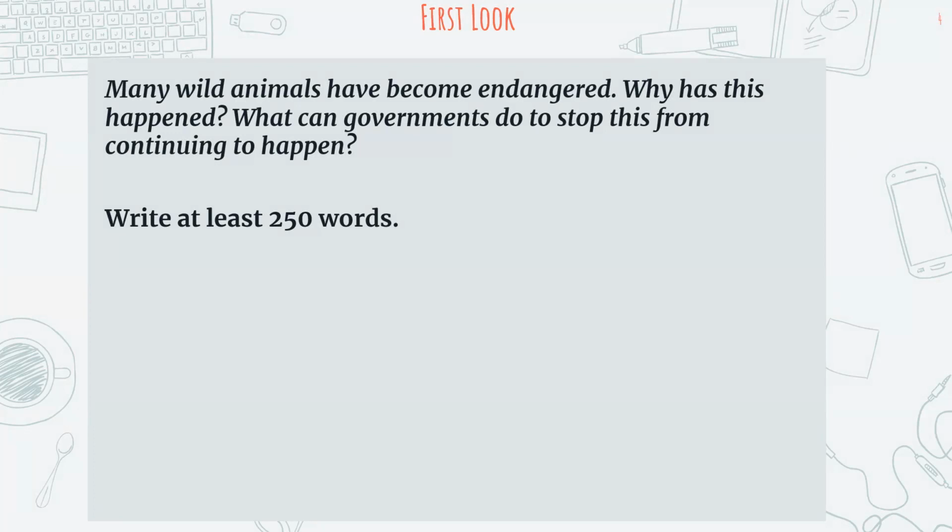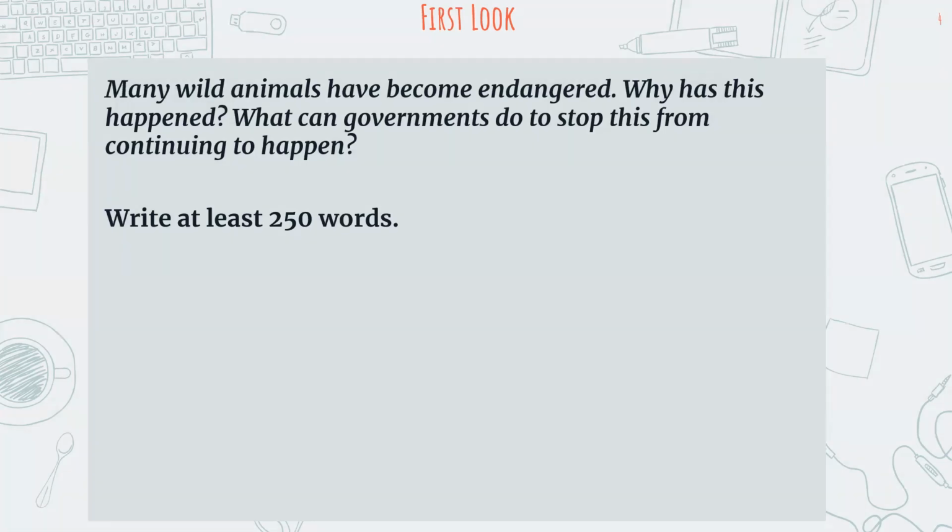This is obvious. I want to talk about the reasons and what can government do to stop this from happening or from continuing to happen. I'm going to talk about solutions. Okay, so reasons and solutions, causes and solutions. Okay, problems and solutions, and so on. Okay, for this specific essay.